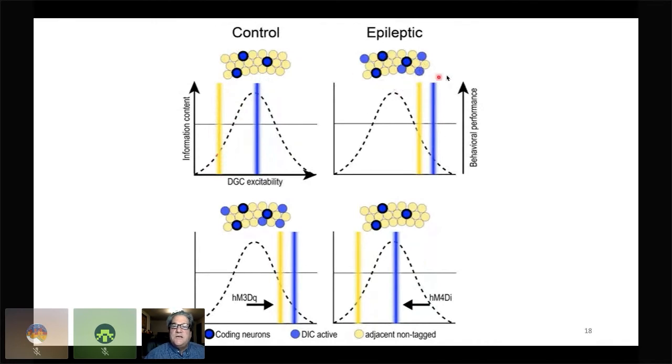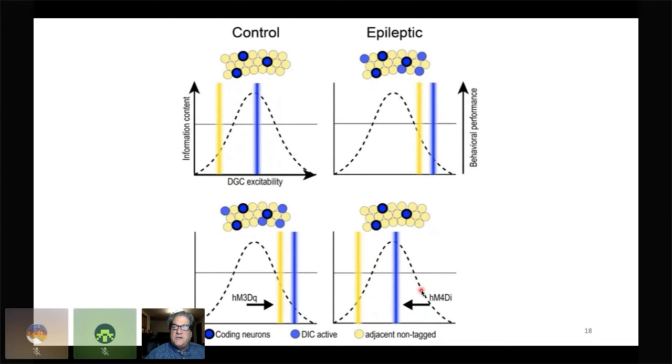In contrast, in the epileptic brain, you still have this coding network, which we can get to reemerge in DREADD contexts, but there's this background hyperexcitability in the non-coding network. And so this background hyperexcitability is disrupting behavioral performance.